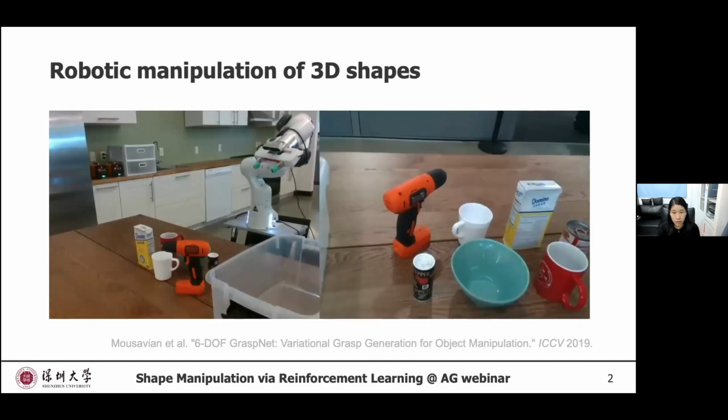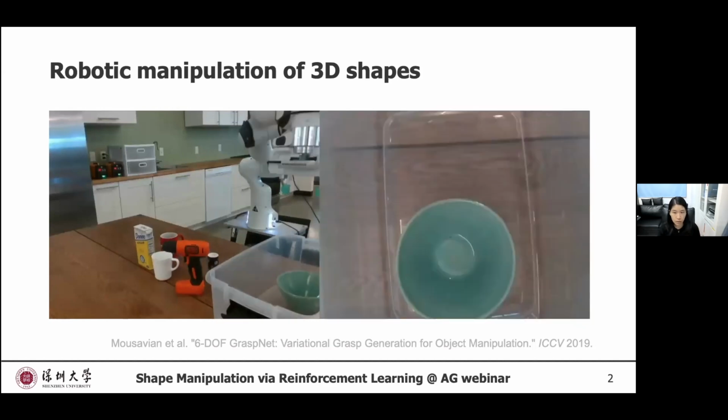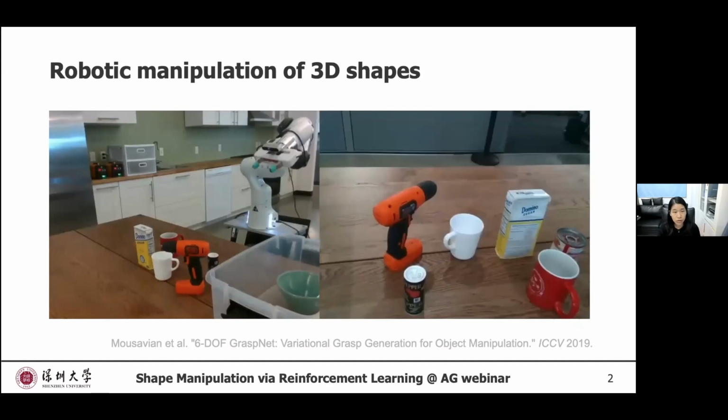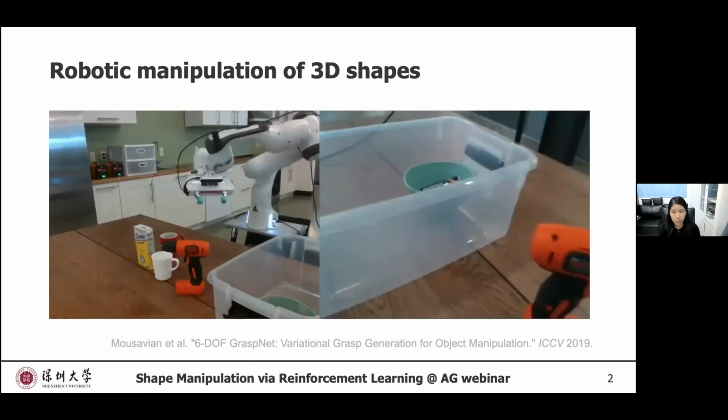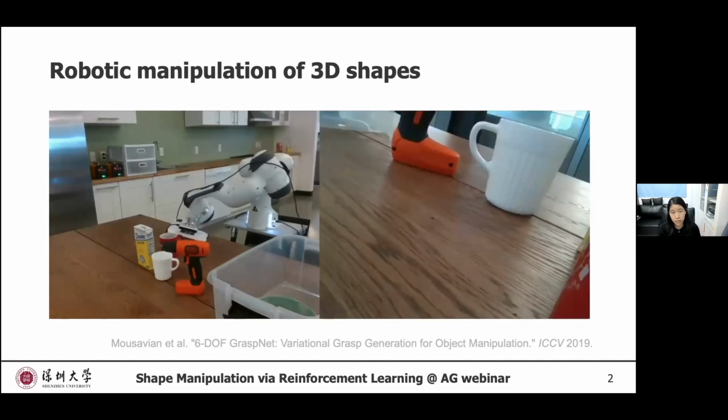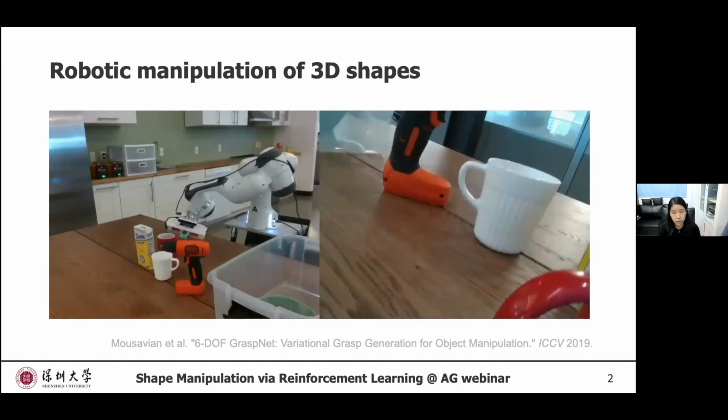This work focused more on the grasping itself and didn't try to optimize the placement of the objects in the target box. The initial states of the objects are upright oriented, which makes them easier to grasp.